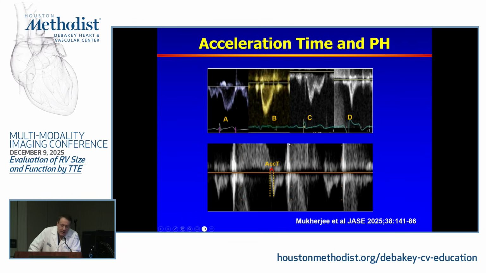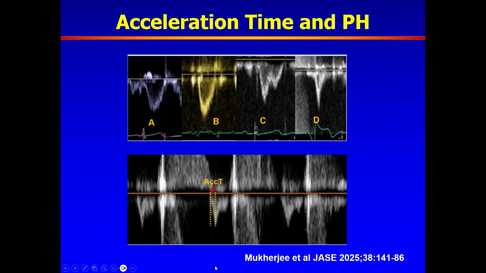Let's talk about a measurement that we look for in pulmonary hypertension, taken from the 25 guidelines. The normal morphology of RVOT flow is rather rounded, as you see here. As pulmonary artery pressures rise, the peak velocity will happen earlier and earlier in systole, and it becomes more or less triangular.